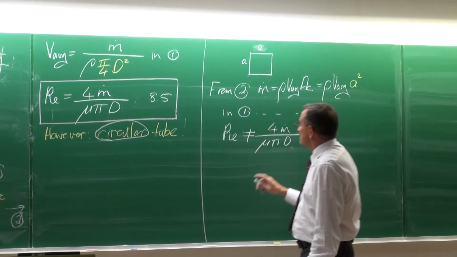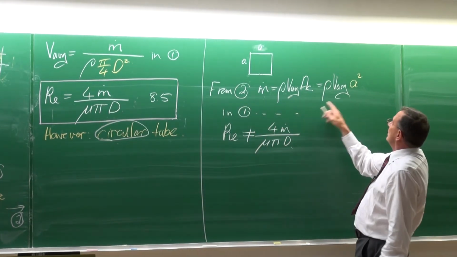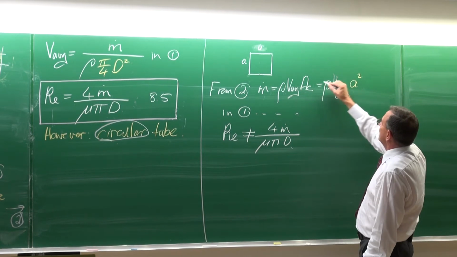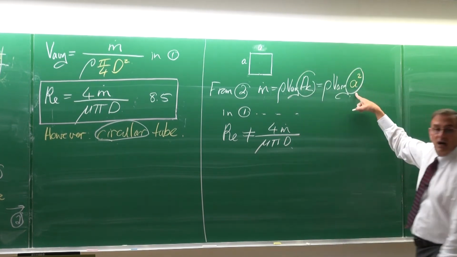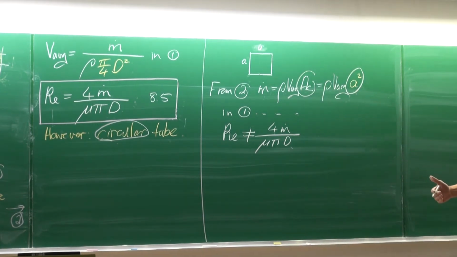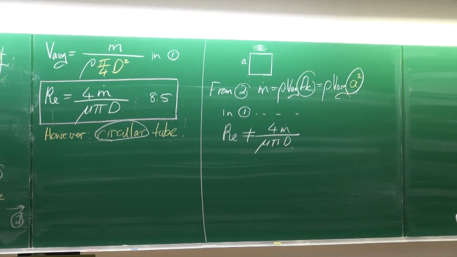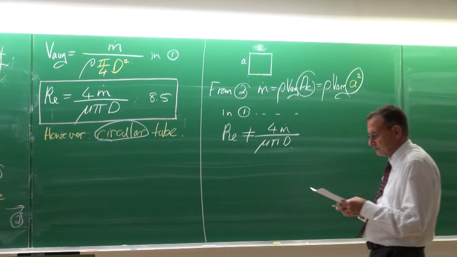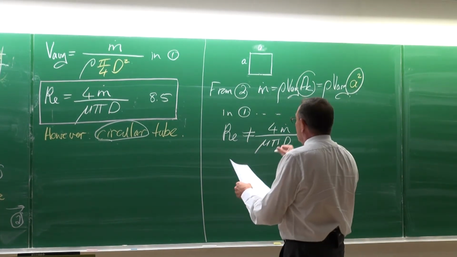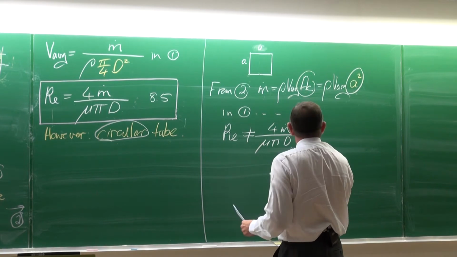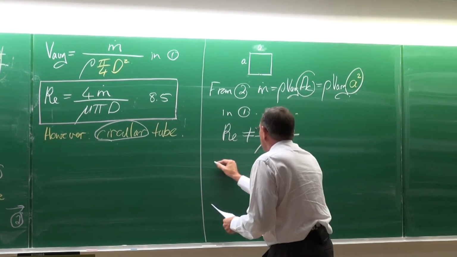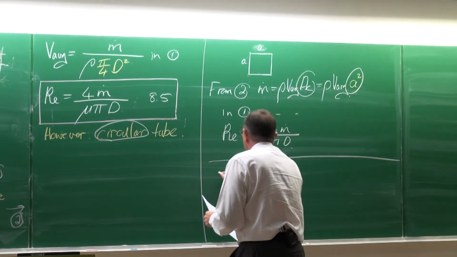That is the result of this equation. If we now say the cross-sectional area is equal to a squared, then we are not going to end up with the same equation for the Reynolds number. Do you agree? Okay. Now, something else that is important is what we call non-circular tubes.